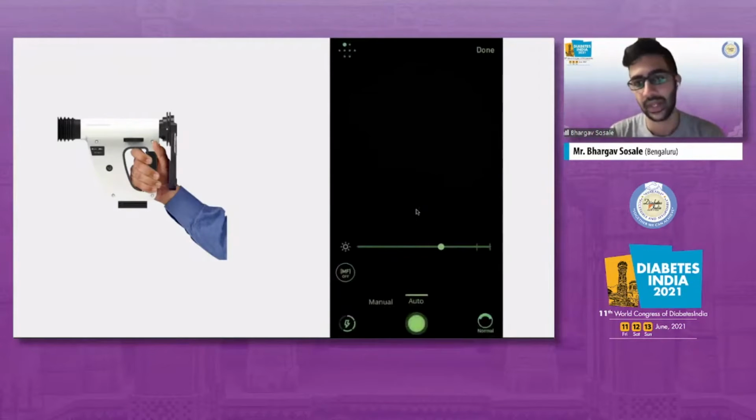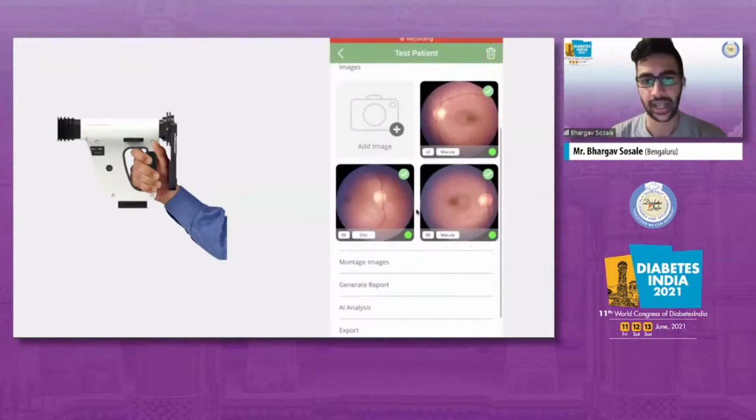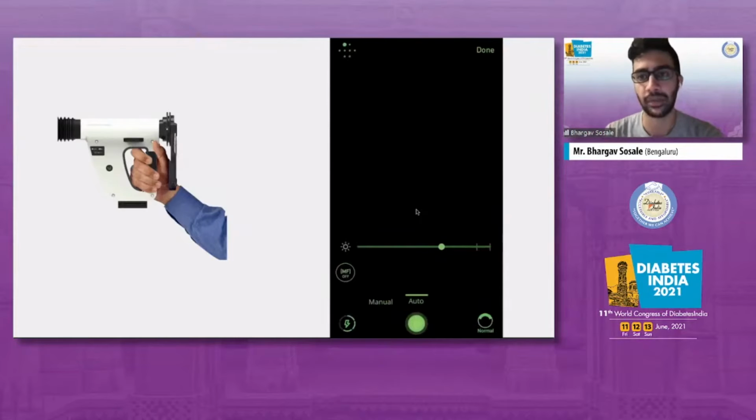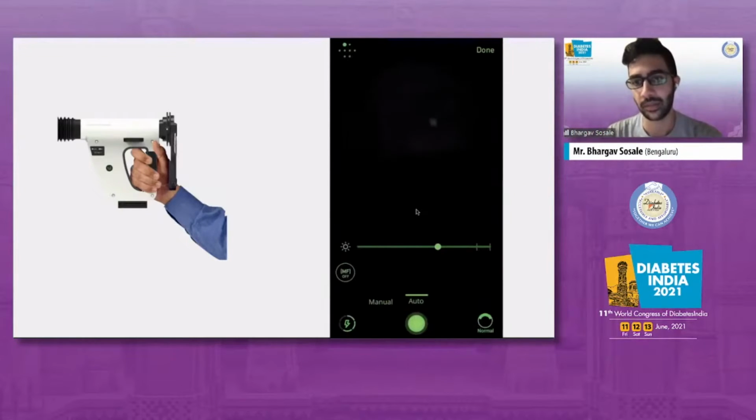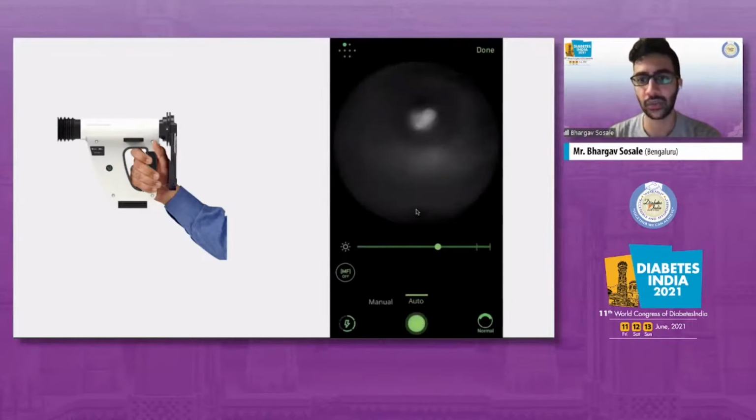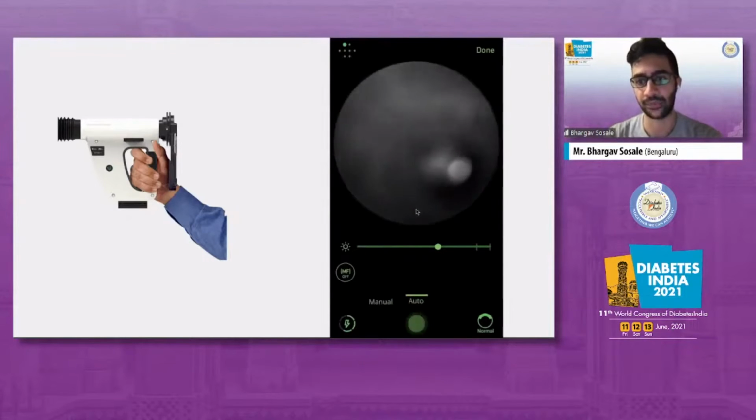There's no audio. It's a simple demonstration of this handheld device, which is used to image a patient here and capture an image of the retina. The device automatically captures an image when the retina is in view.